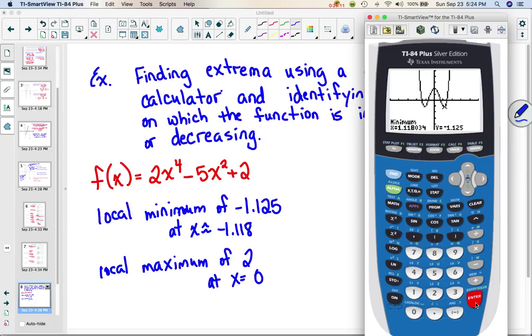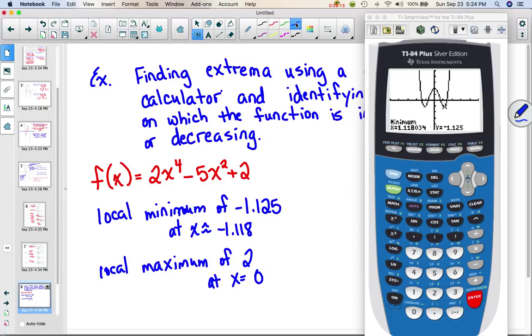So we can see that we have some symmetry going on in this one. So we have another local min at 1.118, comma, negative 1.125. Okay, so we have 2 local mins and a local max.